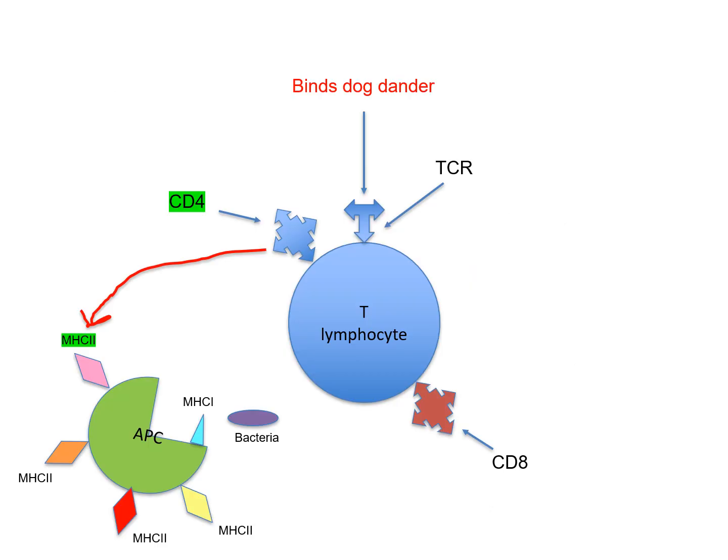How does this look? The other hand of the T lymphocyte will bind to the MHC2. So the other hand is a CD4.